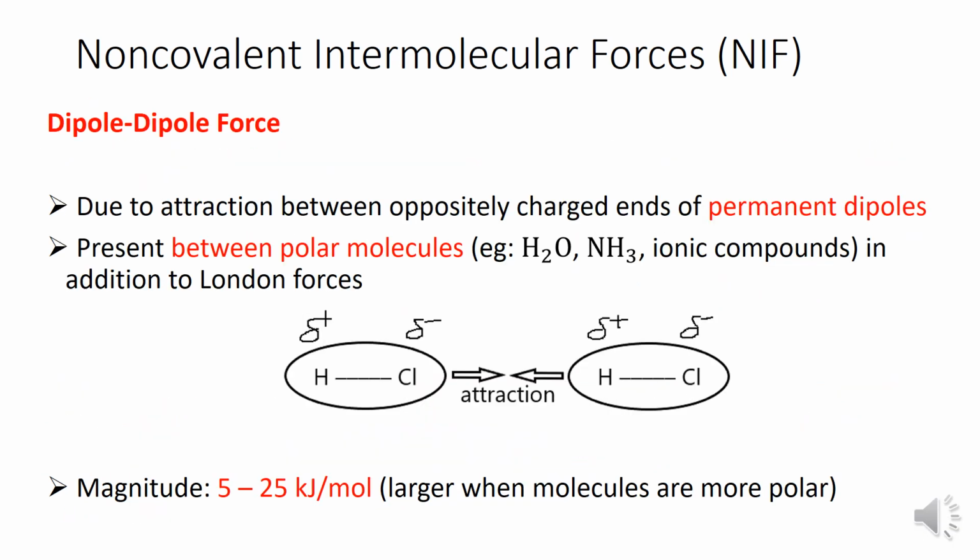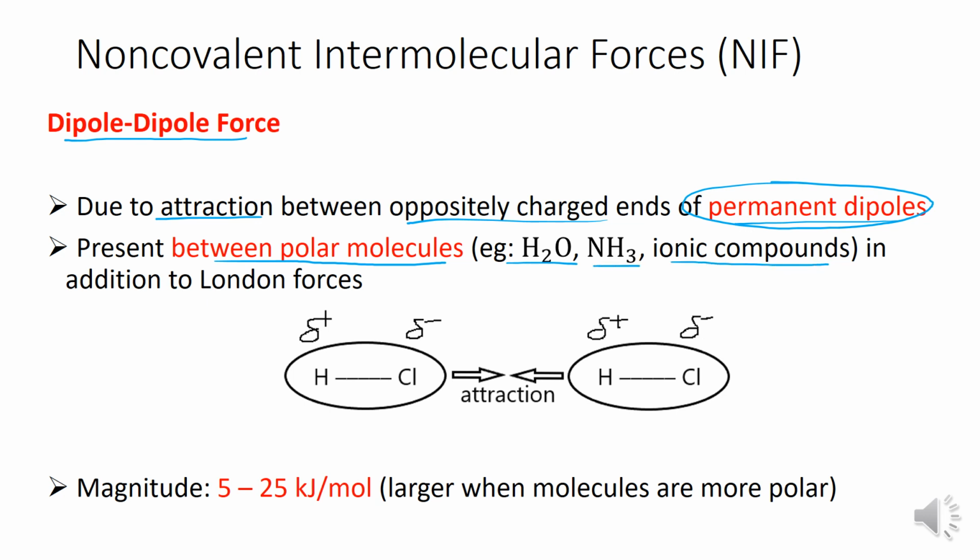The second type of non-covalent intermolecular force is the dipole-dipole force. This is due to the attraction between oppositely charged ends of permanent dipoles. So we need permanent dipoles, not temporary dipoles. Therefore, the dipole-dipole force is present only between polar molecules. For example, we have water and ammonia.